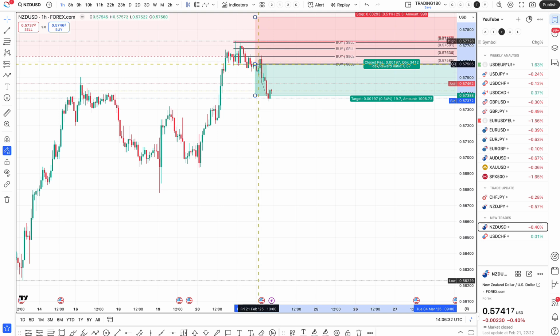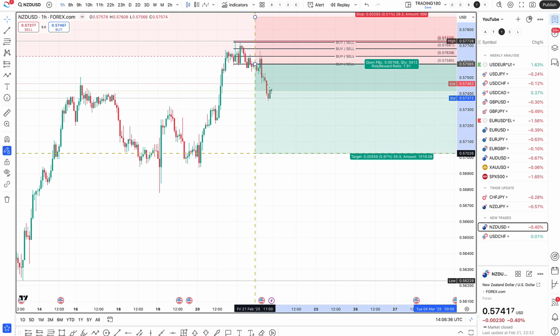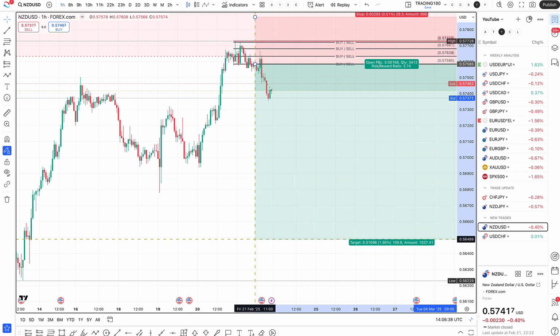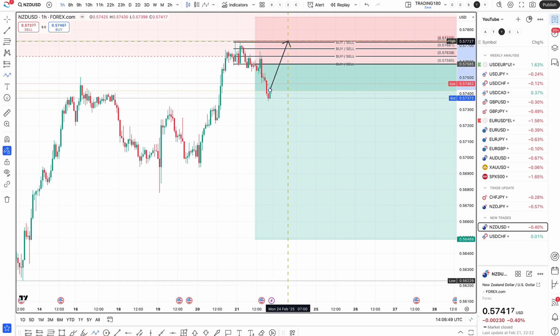So now I'm just looking to hold this trade hopefully down to somewhere around these lows. Now I've cancelled the two sell pending orders above the market, so I've taken the risk out of the trade. So if price does come all the way back up here and stop me out, then the worst that will happen is that this is a break-even trade.